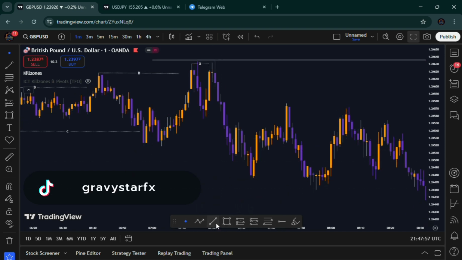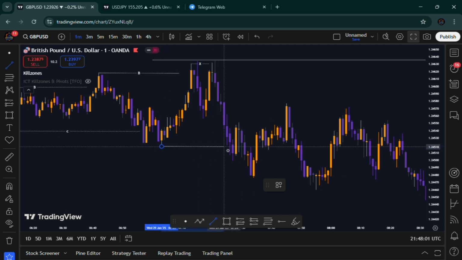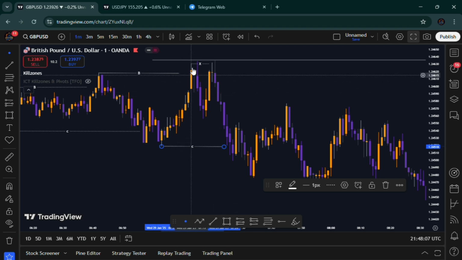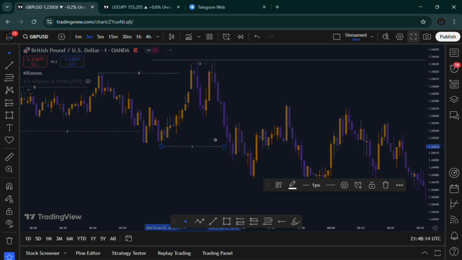And with that, now I was waiting for this low to get broken, because this is the last low the London actually made before they made this high right here. So once I got this low taken out nicely, I went to my 3 minutes to look at what I have.